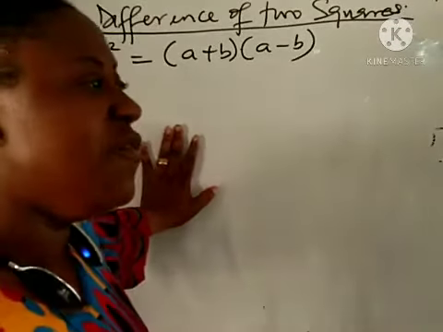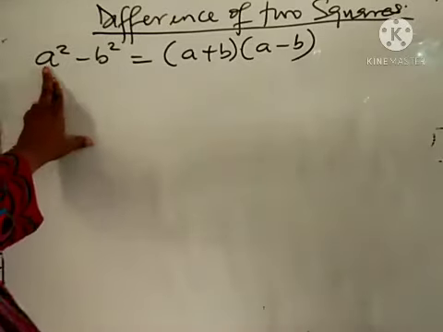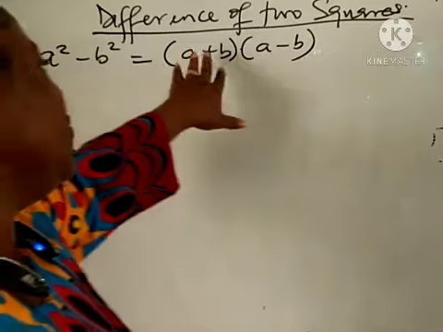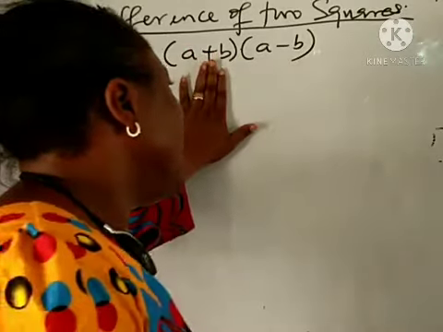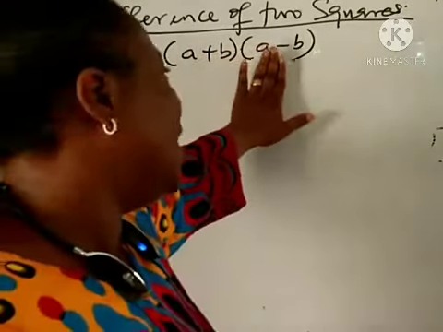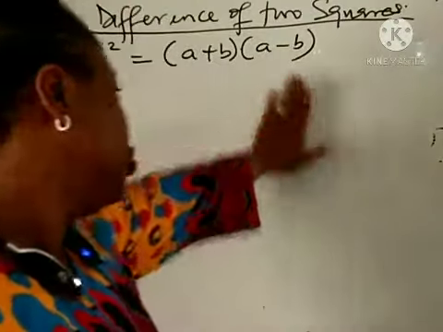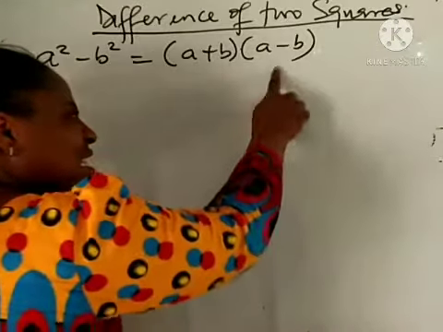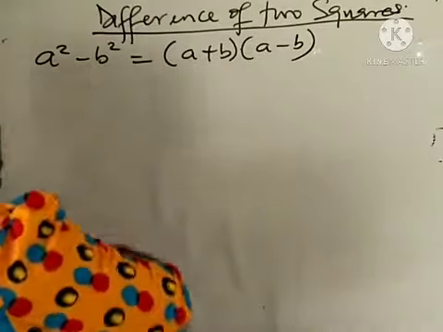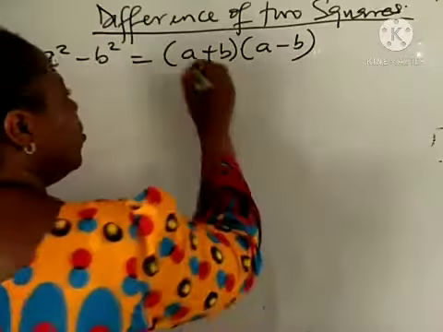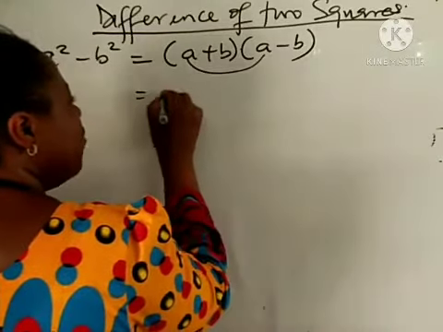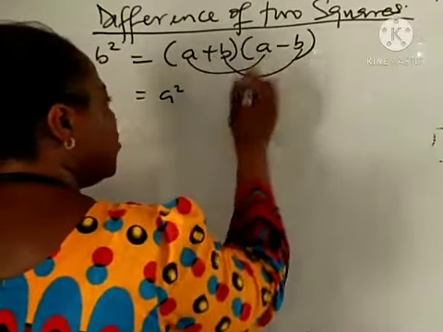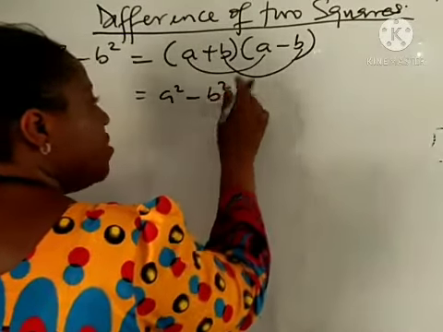Difference of two squares. If you look at it, a square minus b square. If you subtract the two from each other, it must give you the addition of the two multiplied by the difference of the two. Now, if you use your normal expansion method, by the time you expand these two brackets, it will give you this. Let's use our shortcut method. This will multiply this, we now have A square. This will multiply this, plus times minus will give us minus B square.